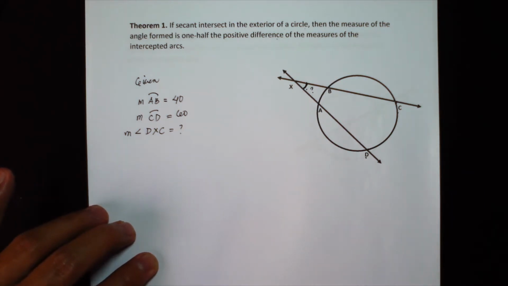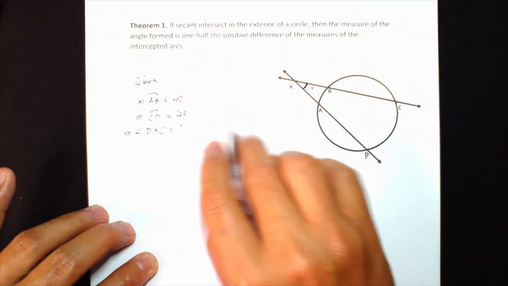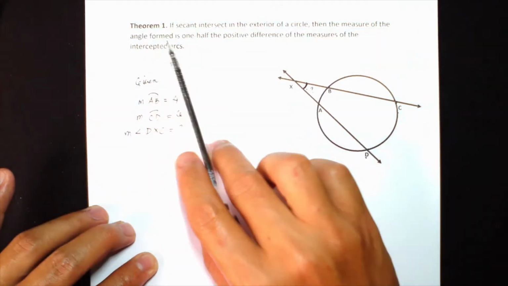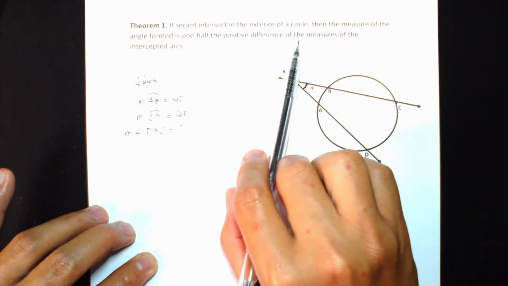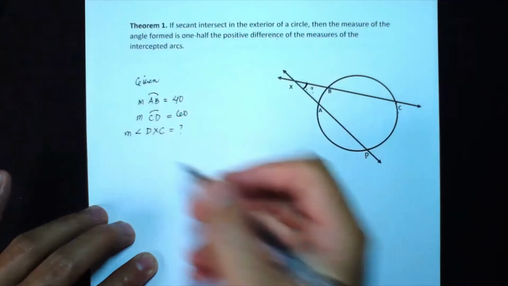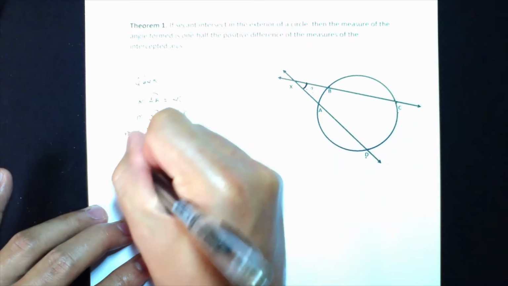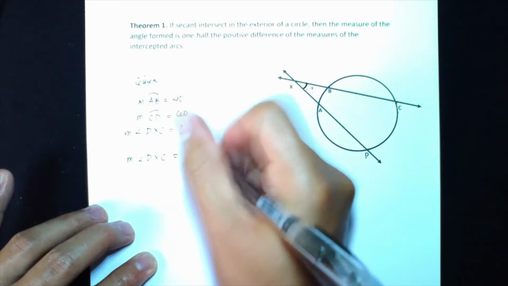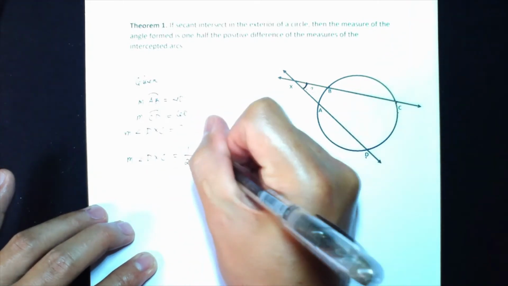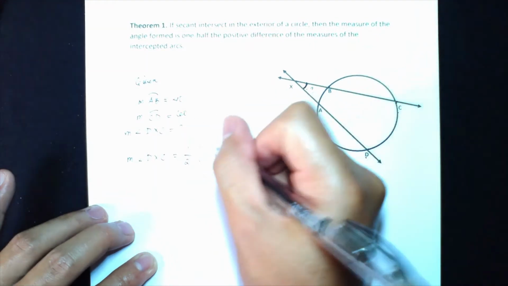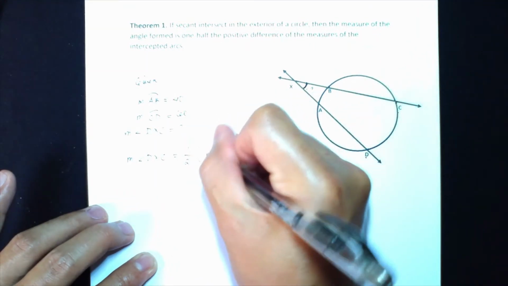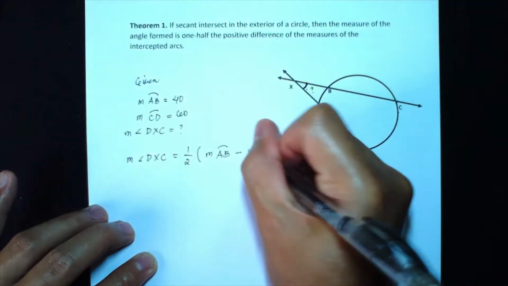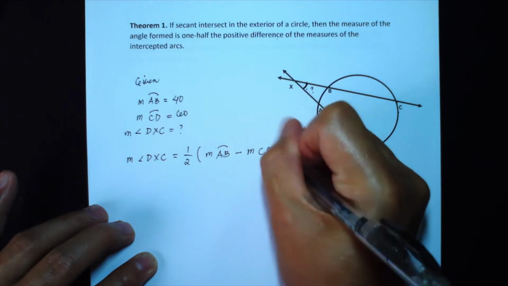Based on the theorem, the measure of the angle formed by two secants in the exterior of the circle is 1/2 the positive difference of the measures of the intercepted arcs. So the measure of angle DXC is equal to 1/2 the difference of the measure of arc AB minus the measure of arc CD.